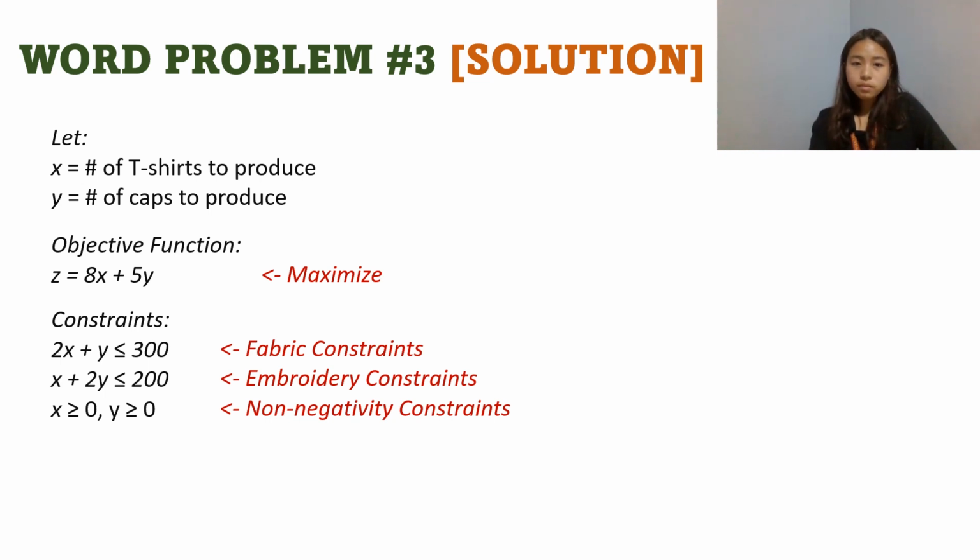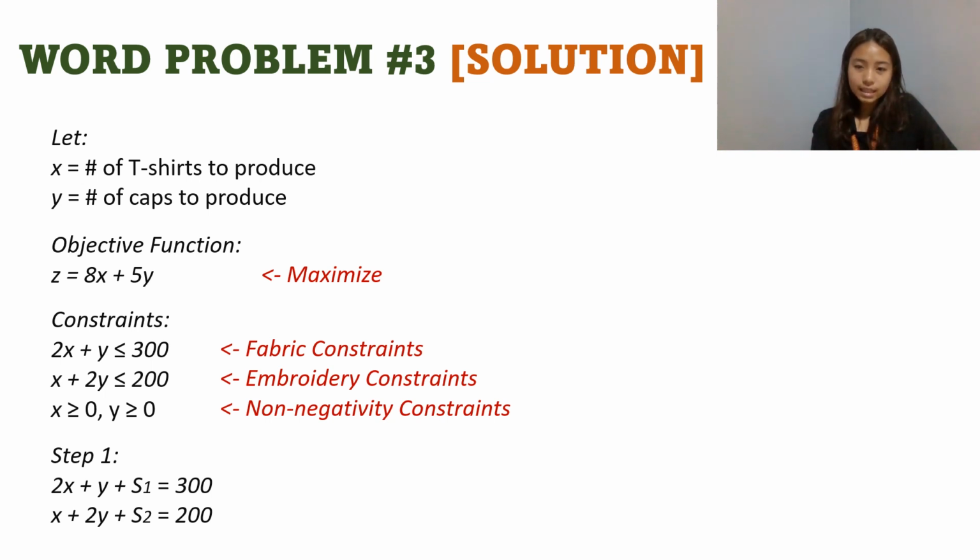So we're going to solve the linear programming problem. Let's convert the inequalities to equalities: 2x + y + slack 1 = 300, and x + 2y + slack 2 = 200.